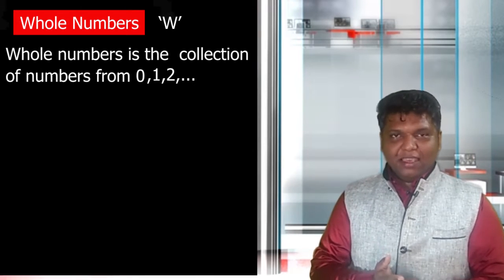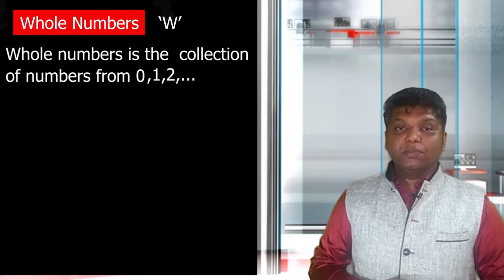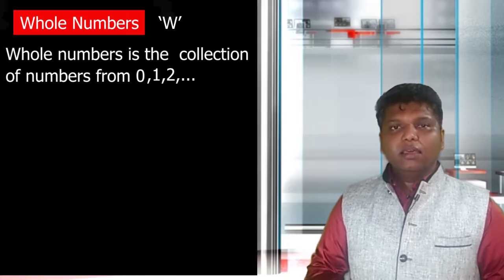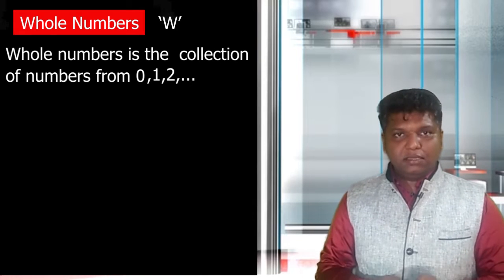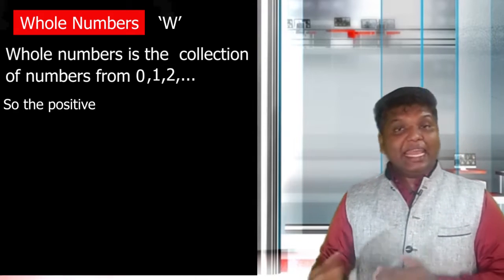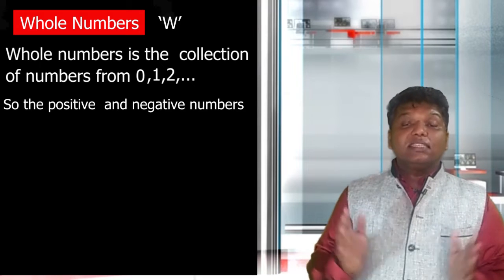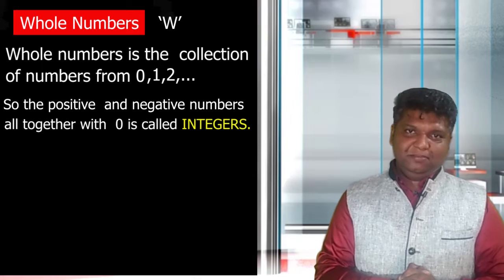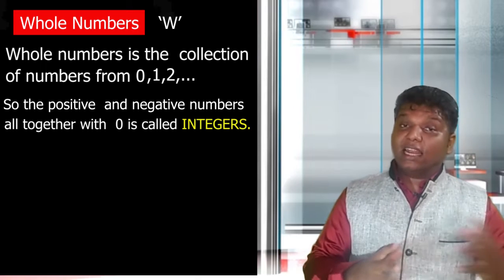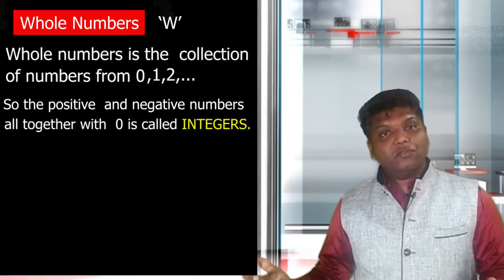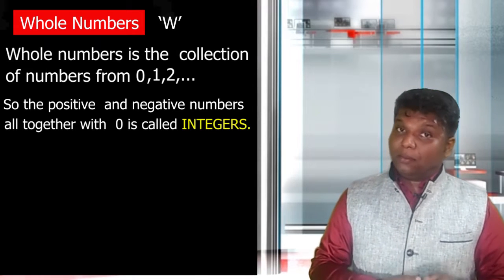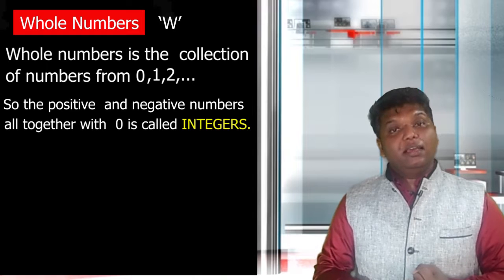Is that clear? Now initially I told you about negative numbers, right? When I was talking about the number line, I told you about negative numbers. So positive numbers, negative numbers and 0, all these together we call integers. What are integers? The collection of positive numbers and the collection of negative numbers along with 0. 0 is not a positive number, and it is not a negative number either.